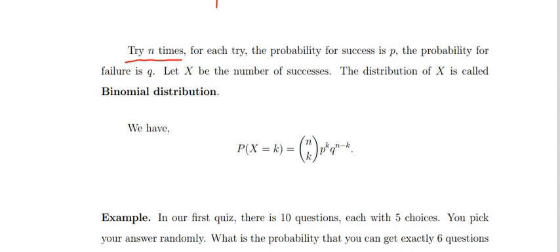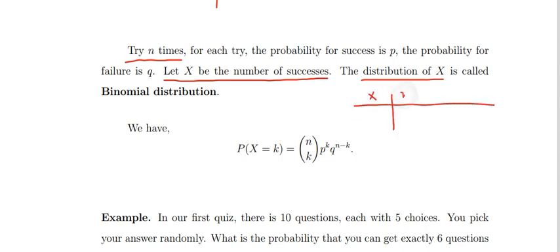So we let X be the number of successes, and we want to find the distribution. If we use a table, it is too long. X can be n, n minus 1, and so on, 3, 2, 1, 0, right?